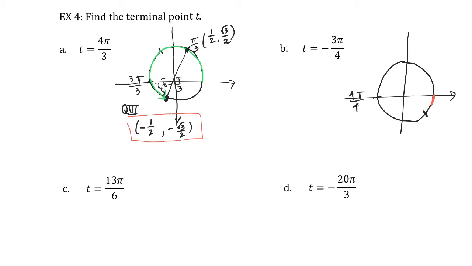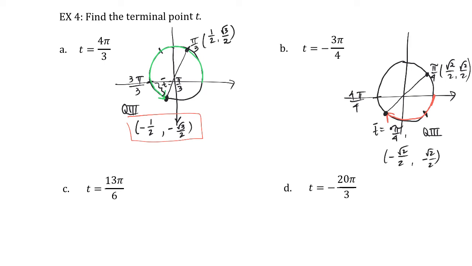We haven't quite gotten there, so we're right here at negative 3 pi over 4, and then the reference number there is pi over 4, but we're in quadrant 3, and so we need the x and the y to be negative, and that's related to that reference number here at pi over 4 and root 2 over 2. I love these fourths because the x and the y are the same. Okay, so quadrant 3, just negative x and y values.